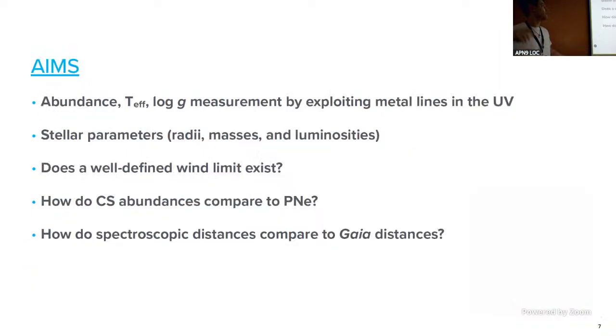We would like to measure the stellar parameters and abundances by exploiting metal lines in the UV, as well as radii, masses, and luminosities. We want to know whether a well-defined wind limit exists, and we would like to compare central star abundances to planetary nebula abundances. We also would like to know how the spectroscopic distances compare to Gaia distances.